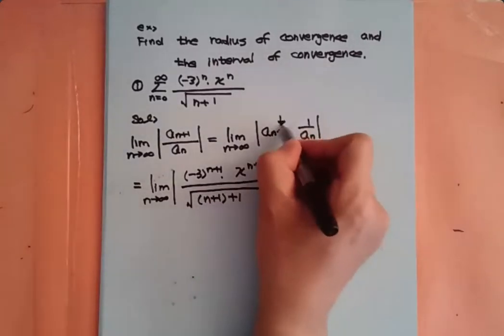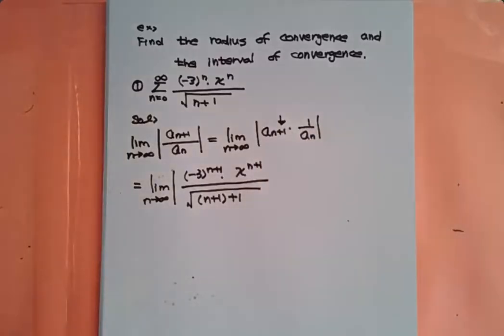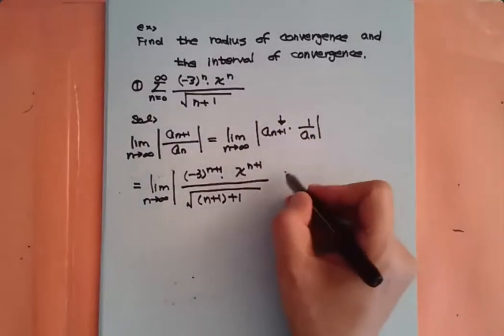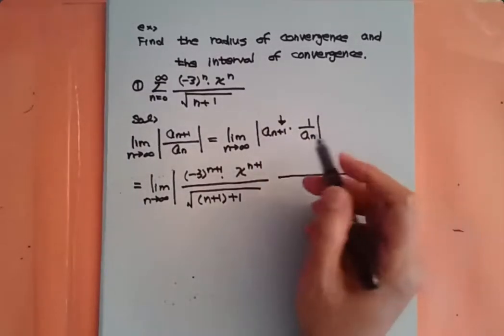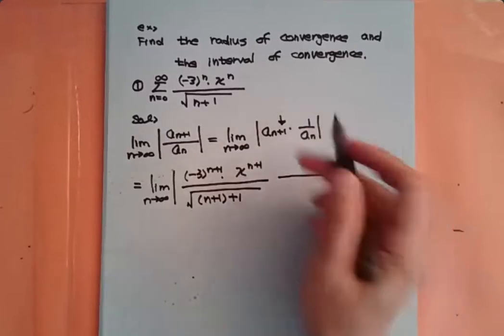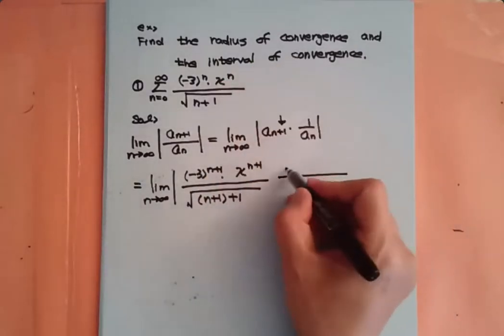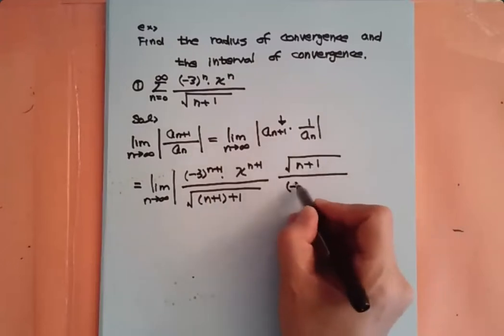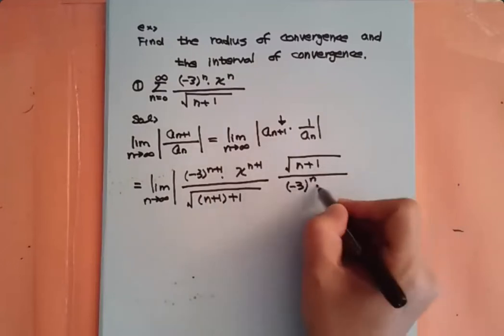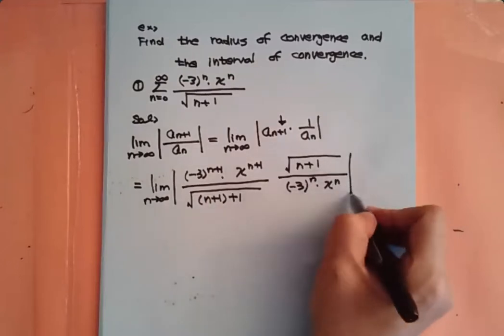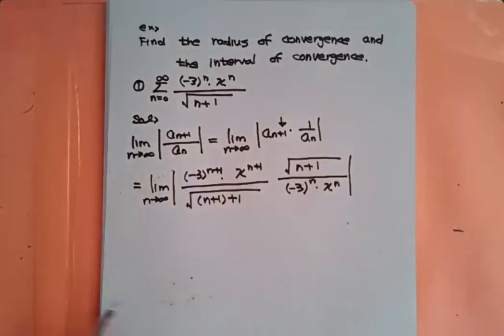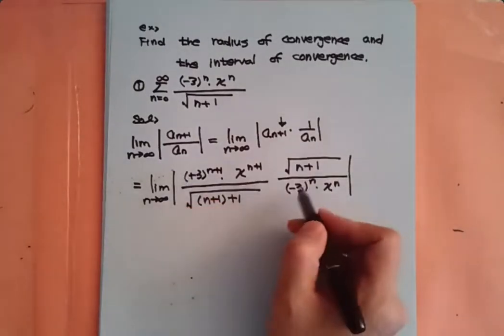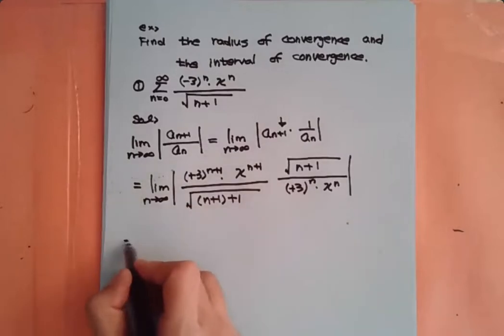So we are substituting, and then we flip it. Then we have square root of n plus 1, and the denominator will be negative 3 to the n power times x to the n power. We are working within the absolute value, so we can forget the minus sign here.